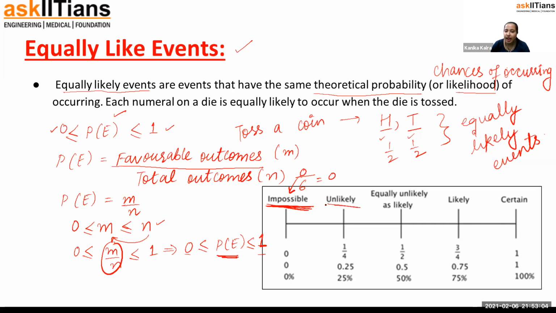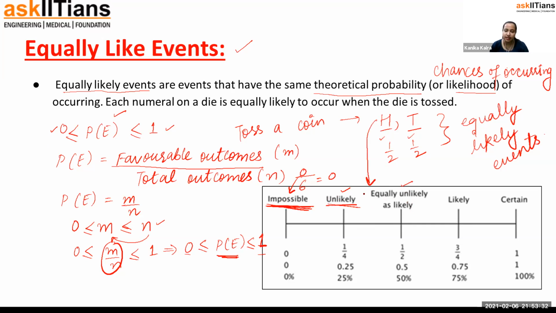Next comes unlikely outcome. Unlikely outcome means the probability or the chance of an event occurring is little less. That is why these are known as unlikely events. Next comes equally unlikely as likely, as in the chances of both the events are equal, like we talked about the tossing of a coin.